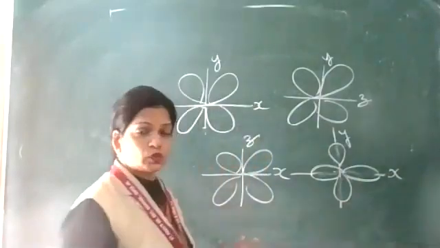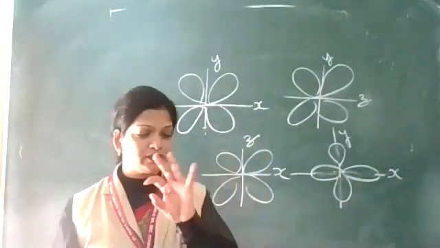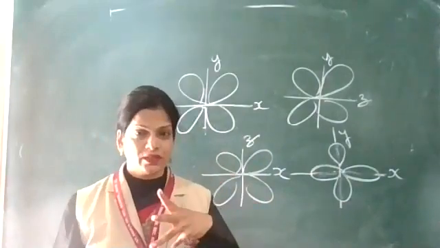Then 3dz², you consider all of them, you will see like a flower all around.